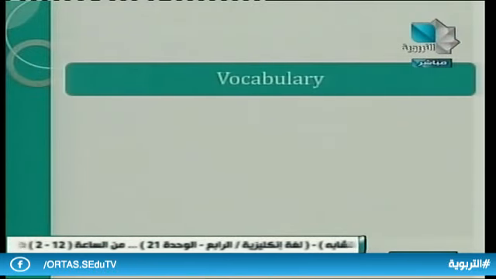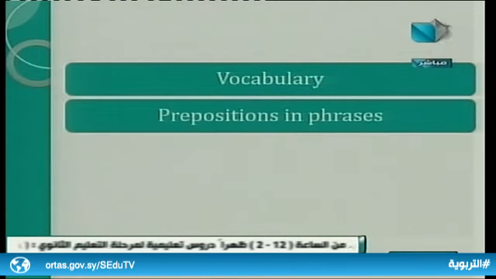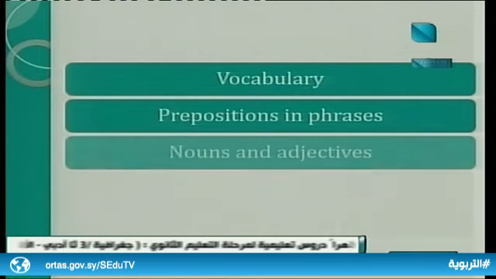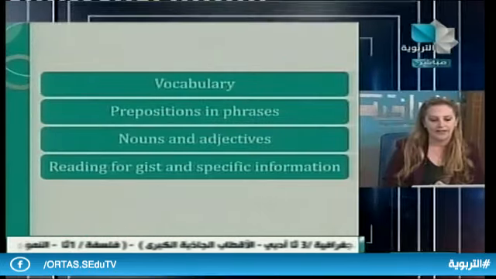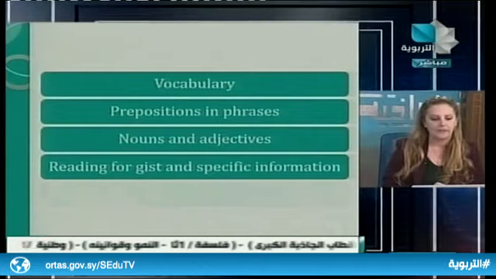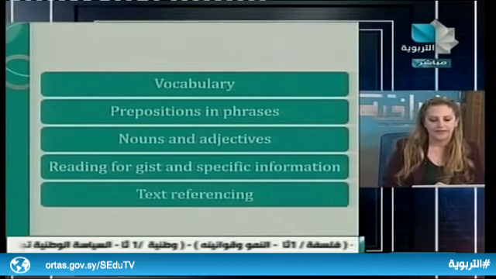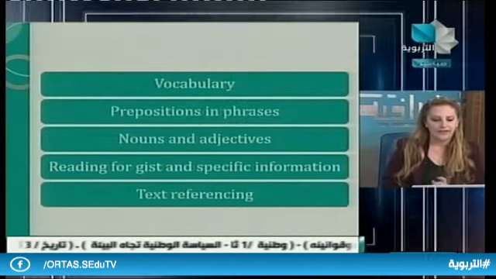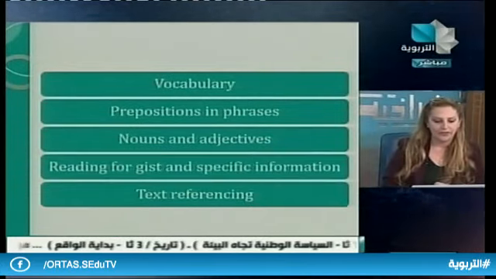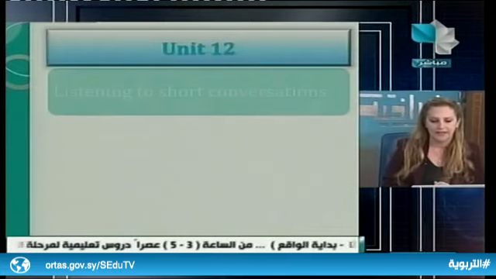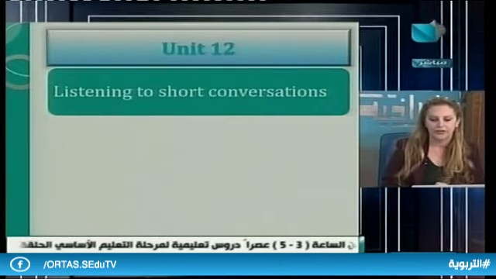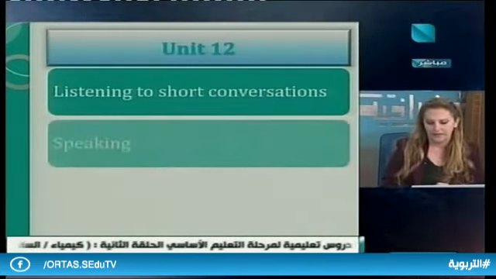We know that in Unit 12 we have to speak about some new vocabulary. We have prepositions and phrases, and we have nouns and adjectives. This unit covers reading for gist and specific information, and we have text referencing. Also, we have listening to short conversations and speaking.